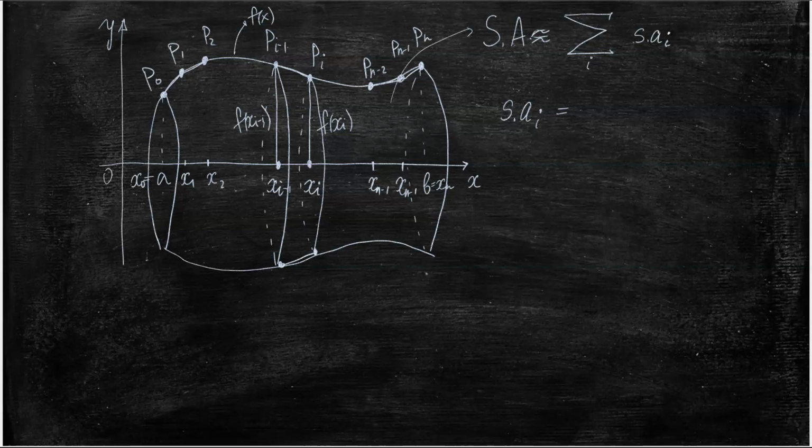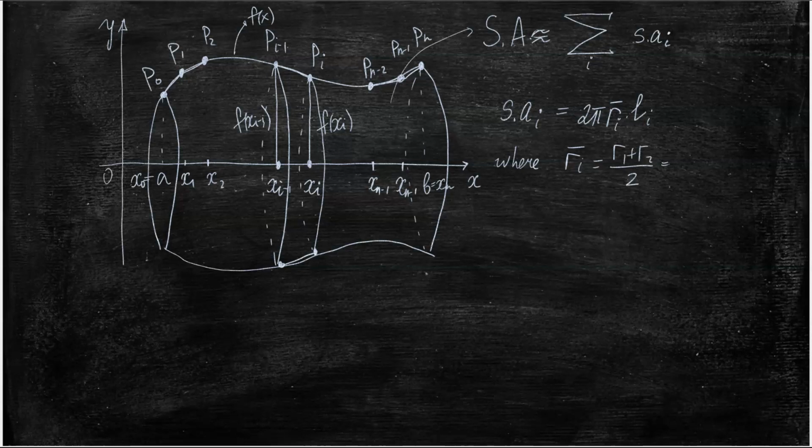So the surface area of the ith frustum is 2 pi r i bar times L i, and r i bar is the average of the two radii.